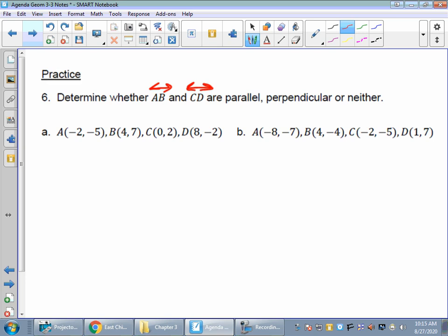Again, it could be any of these three. Parallel would have the same slope, basically the same m. Or is it perpendicular? Perpendicular is going to have the opposite reciprocal, right?